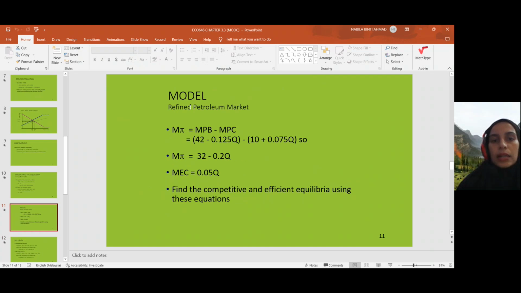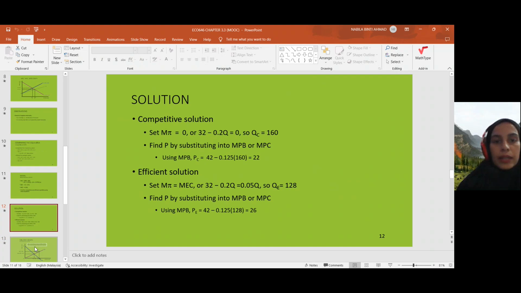So this is the marginal profit for the competitive and efficient equilibrium. For competitive equilibrium, we get this, and for the efficient equilibrium, marginal profit, we get this one.